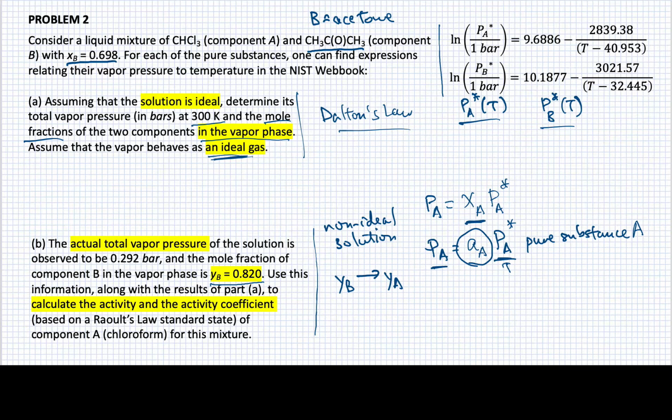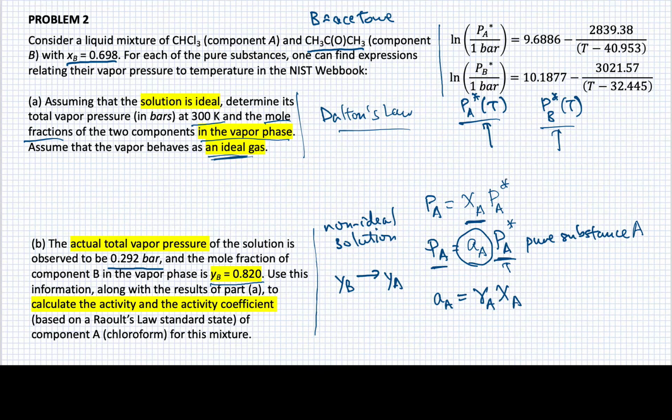So we should be able to use the information given in this problem, because we have a mole fraction, we have a total vapor pressure for this solution, and we have vapor pressures for these components as pure substances. We should be able to get the activity, and we also should be able to get its activity coefficient, because that is going to be related like this.